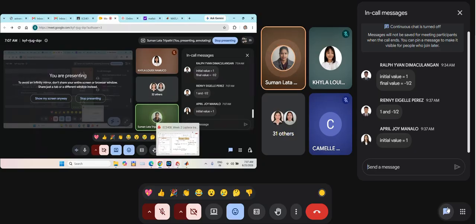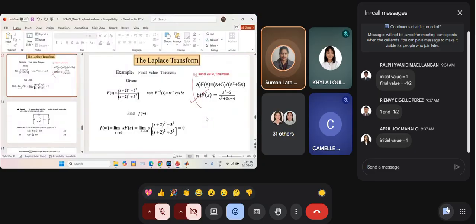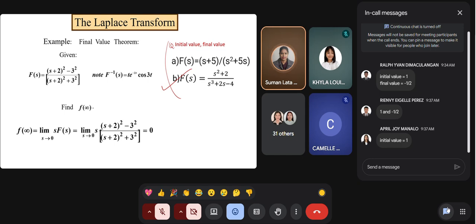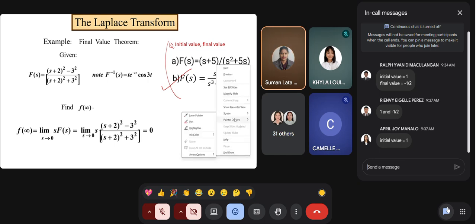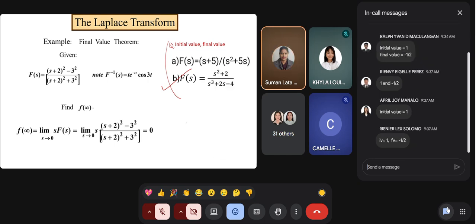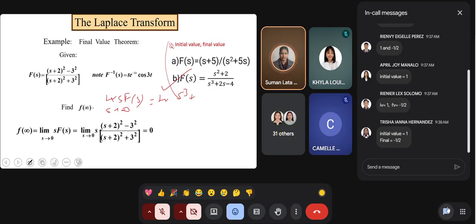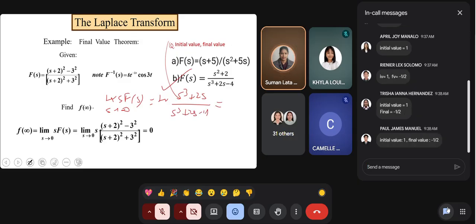So let us check this question. First we will check it with the initial value. For the initial value, limit s tends to infinity of s F(s). So s F(s) means s cube plus 2s divided by s cube plus 2s minus 4, since I have multiplied s over there. Now what you do, you divide it by the maximum power.